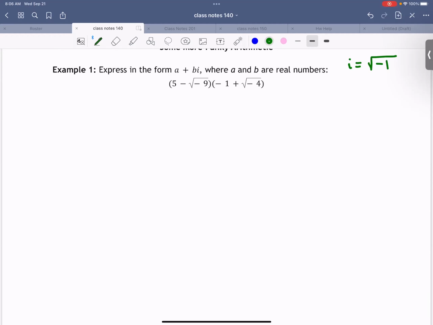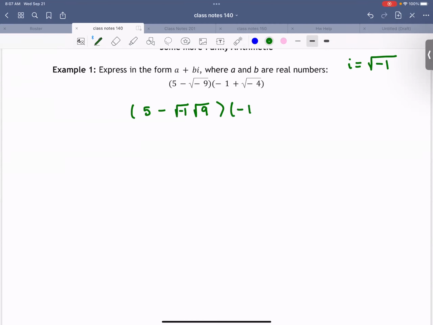Yeah, right. When we have a square root, it's the same thing as an exponent. So when we have 2 things multiplied on the inside, we can break it up. Let me just show you what that looks like. We have 5 minus, and I can take that square root and separate it into the square root of -1 times the square root of +9. So you can always break apart a square root when you have multiplication on the inside.